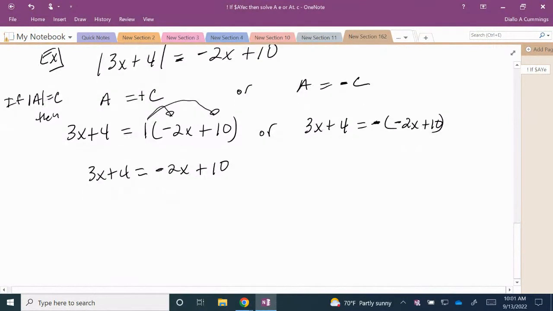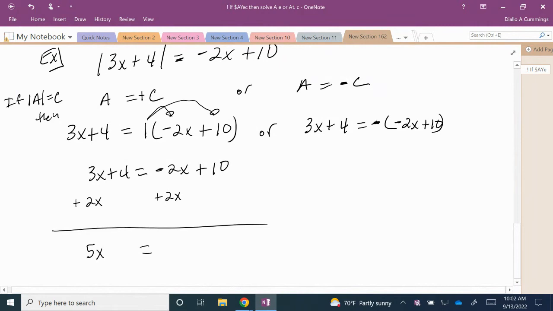All right, so now it's just a matter of solving it for x. So I'm going to add 2x to both sides. Right, so 3x plus 2x is 5x. And then on the right hand side, the 2x's are going to cancel.